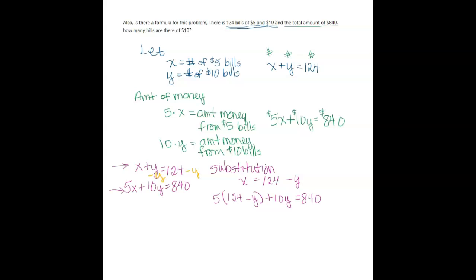Now let's talk about solving it a different way. I don't want to jump ahead of whatever you are learning, but another way is what we call addition. Some books call it addition, and I used to teach from a book that called it elimination.